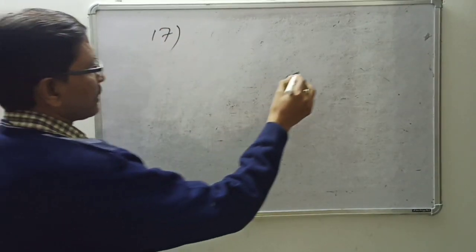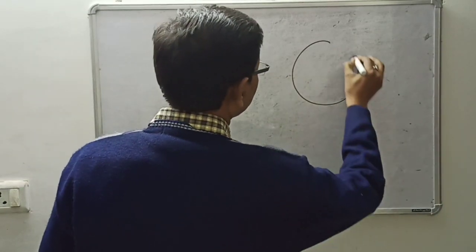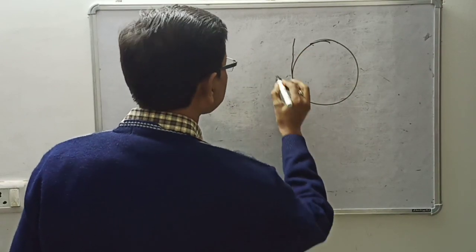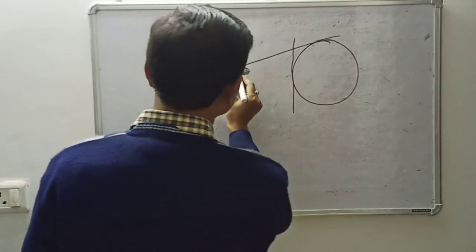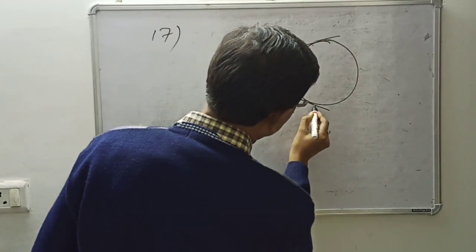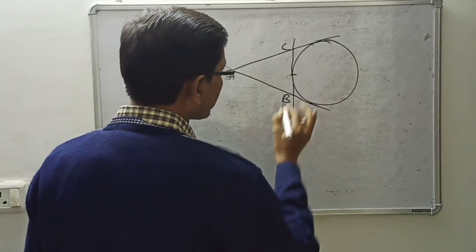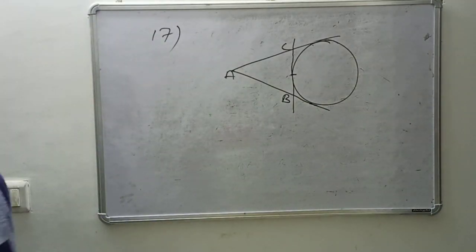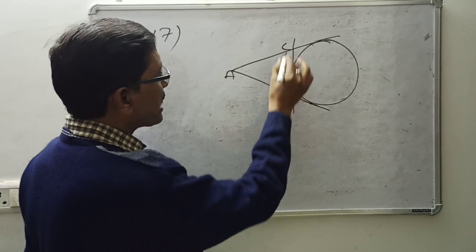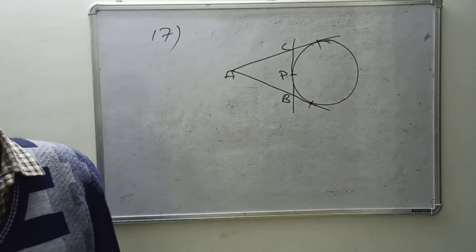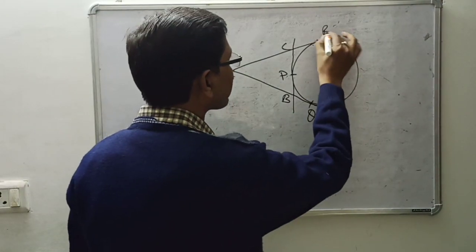So what it wants to say is, suppose you have a circle, and a triangle ABC. The BC side is touching the circle at the point P, and AB and AC produced are touching at Q and R respectively.